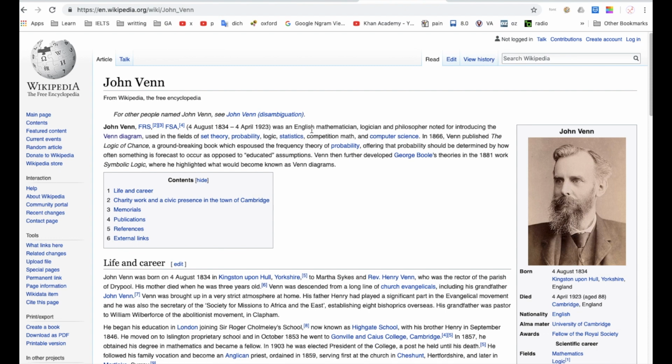He was an English mathematician, logician, and philosopher, noted for introducing the Venn diagram used in the fields of set theory, probability, logic, statistics, computational math, and computer science.